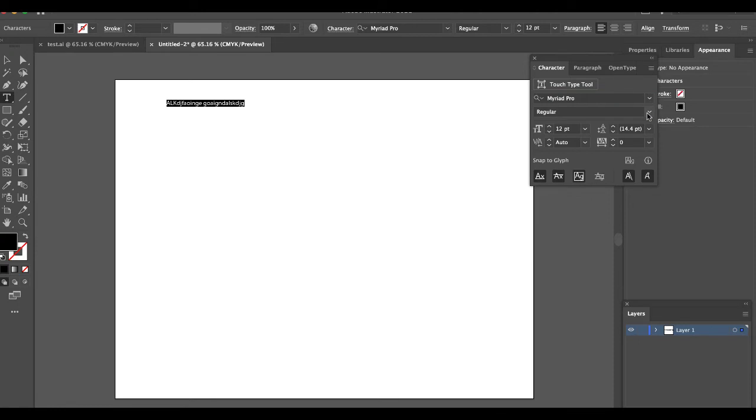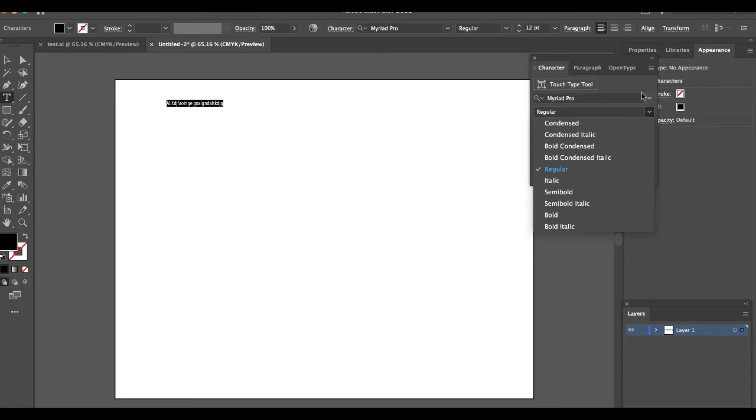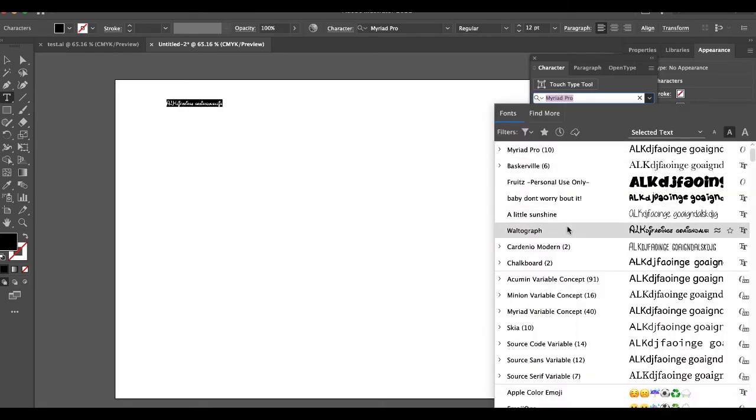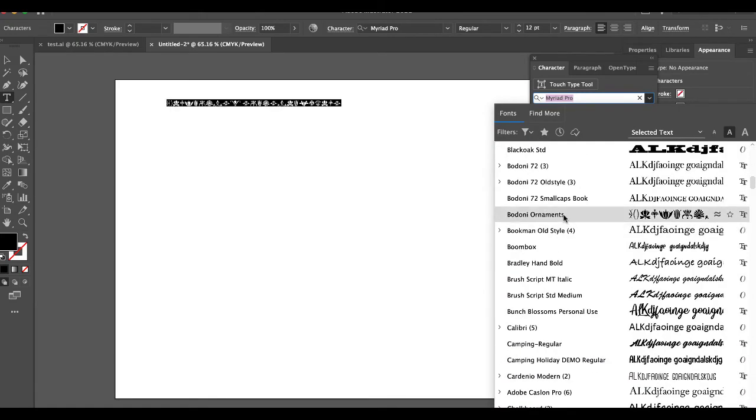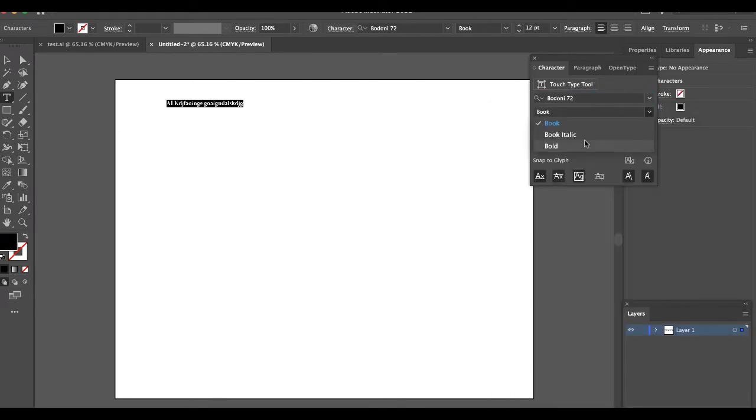So what's a type style? These are all type styles. The bold, the italic, the condensed, the heavy, let's see if Bodoni. So book, bold, all of those are type styles.